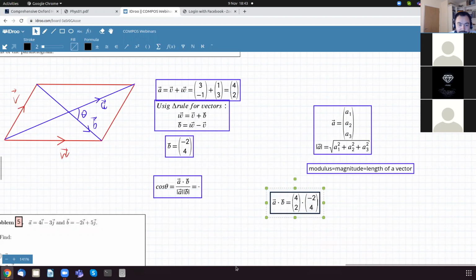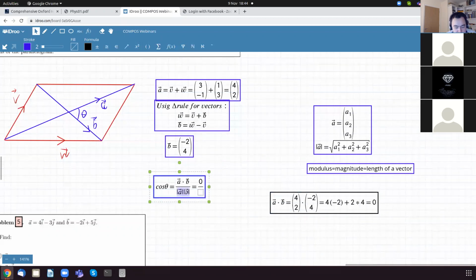Quite clearly, this is 4 times minus 2, plus 2 times 4, which is 0. So this thing is 0 divided by modulus A, modulus B. So you don't really need to calculate those, because whatever they are, this will be 0.